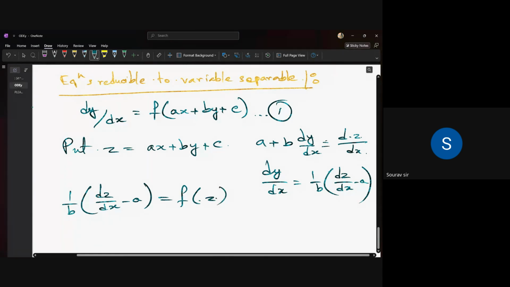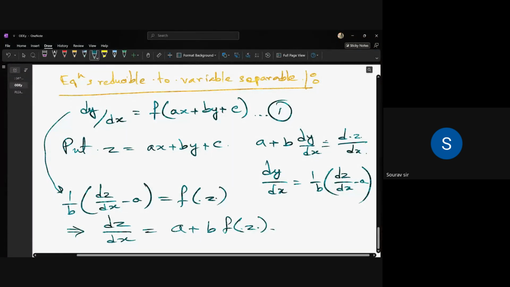So our equation now becomes this. So dz by dx equals a plus b f(z), which is of the variable separable type and can be solved after this.